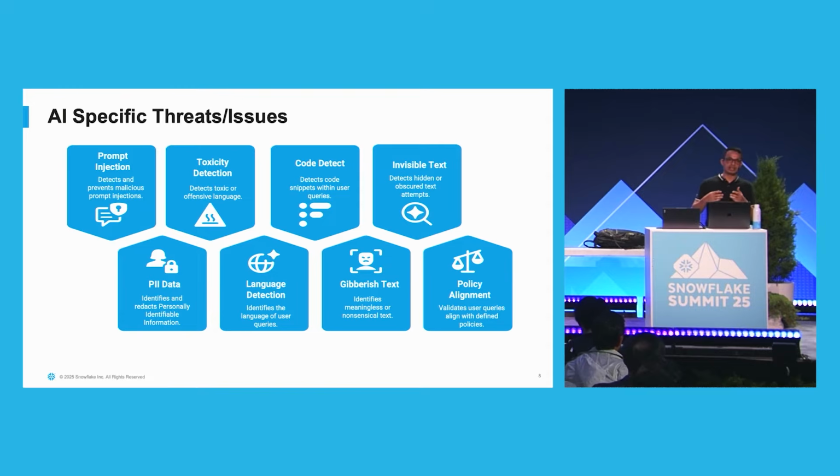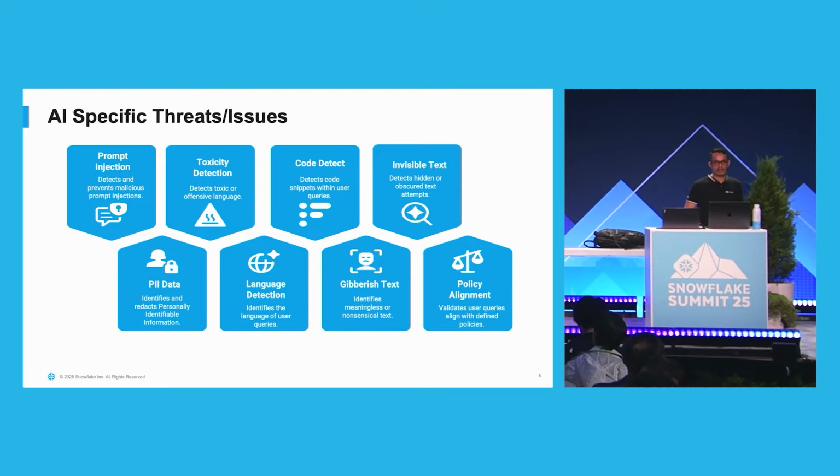Let's say there is a customer enterprise chatbot which you are making, and you are abusing it to generate code. So all of these threats generally exist in those systems. Invisible text is one of them, and gibberish text, which is basically you type something and your AI assistant responds to that.